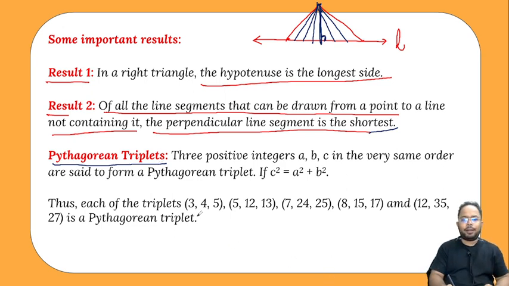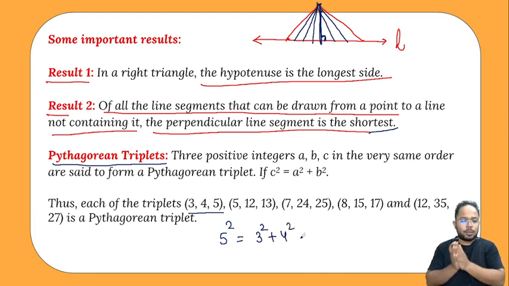So 3, 4, 5 becomes a Pythagorean triplet. How? Because 5 square is equal to 3 square plus 4 square. 5 square is 25, 3 square is 9, 4 square is 16. So 16 plus 9 is equivalent to 25. So this becomes a Pythagorean triplet.